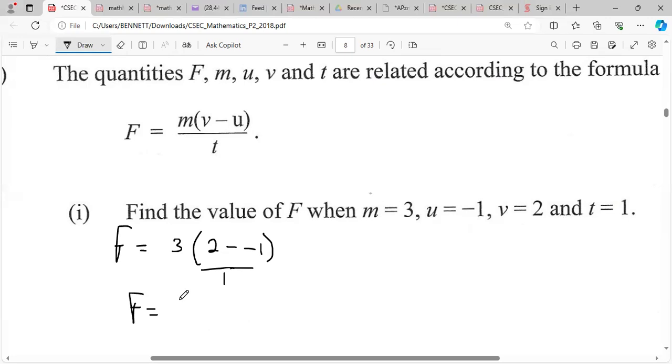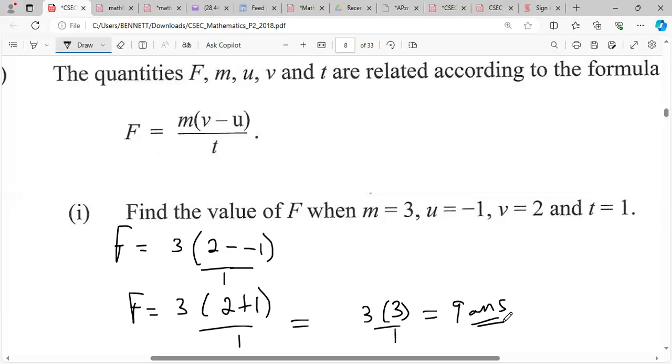So now we have two negatives, which is going to give you a positive, so that's 1. The 1 doesn't make a difference though, guys. So 2 plus 1 gives you 3. And then of course we're going to times it by 3 and divide it by 1. But as I was saying, the 1 doesn't make a difference. So our answer would be 9. And you get that full mark.